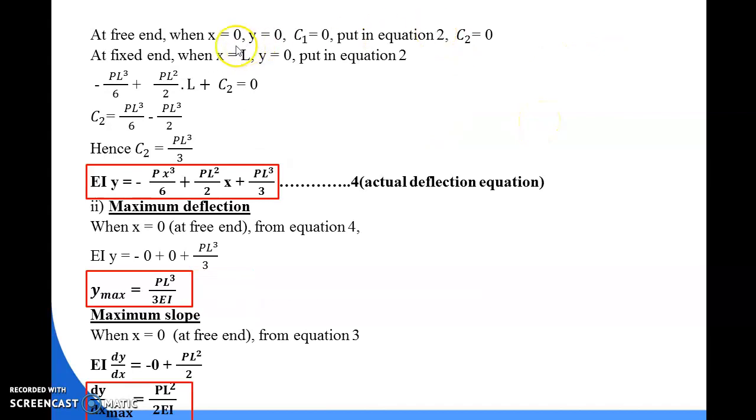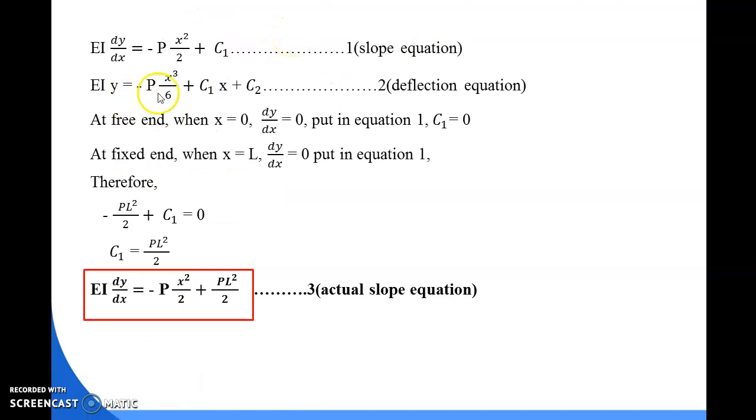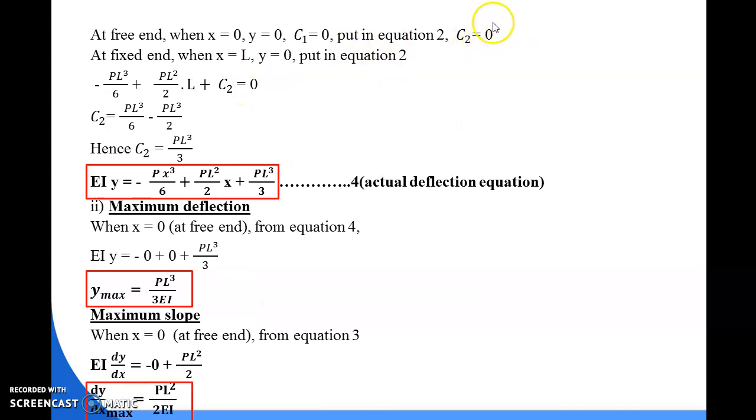And then when we put this whole value in equation 2, that is the deflection equation, we got the value of C2 equal to 0. Then for the next condition, that is at the fixed end when x equal to L and y equal to 0, hence the C2 value will be PL cube by 3. Okay. So now we got our C2 value as PL cube by 3.